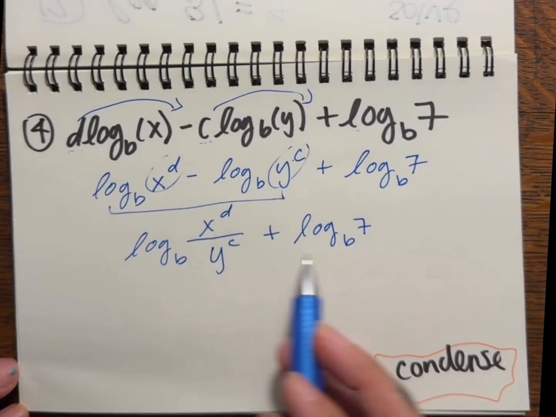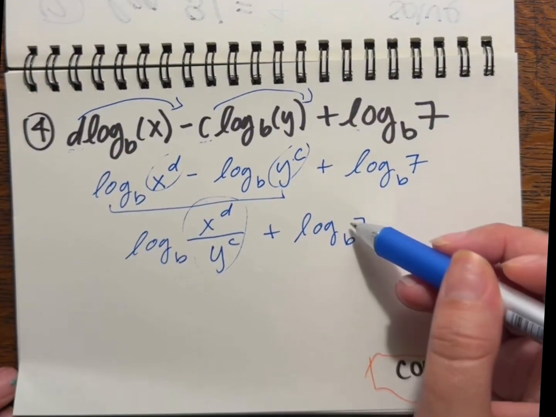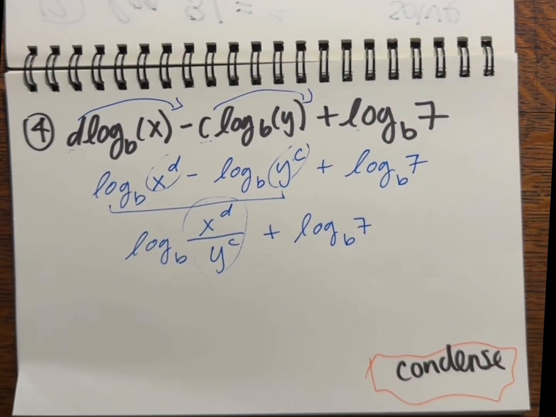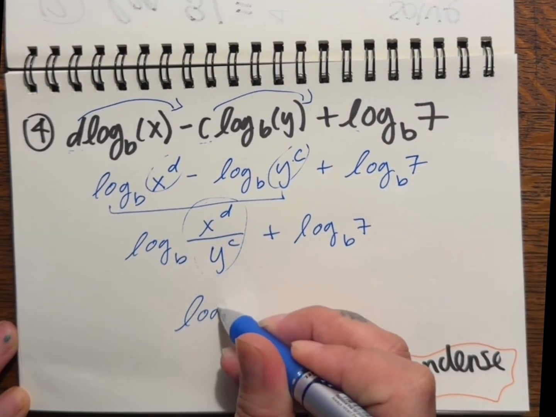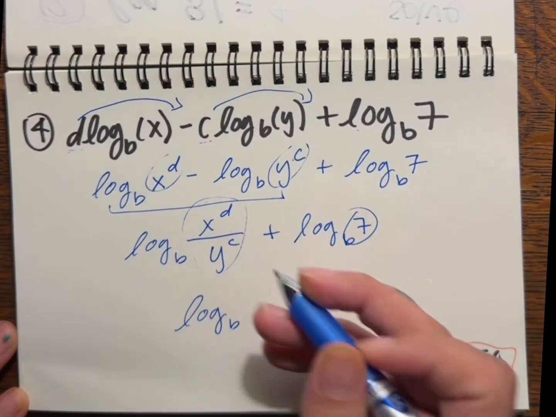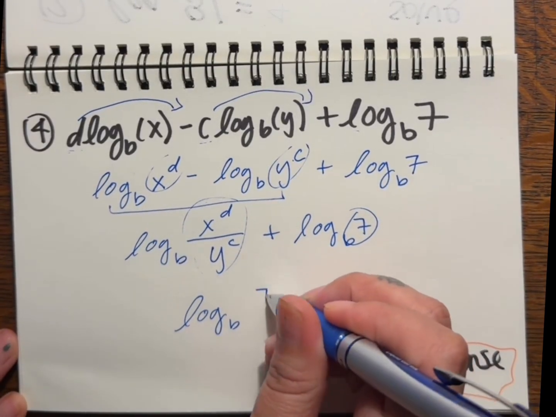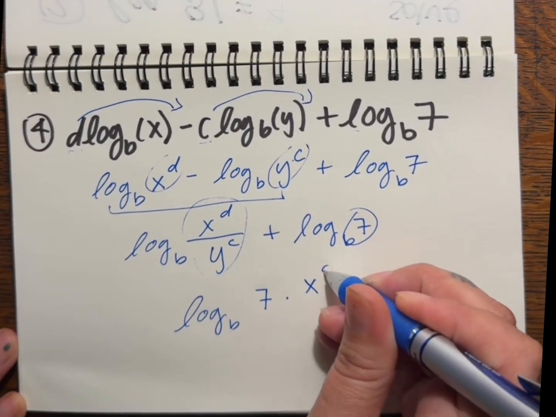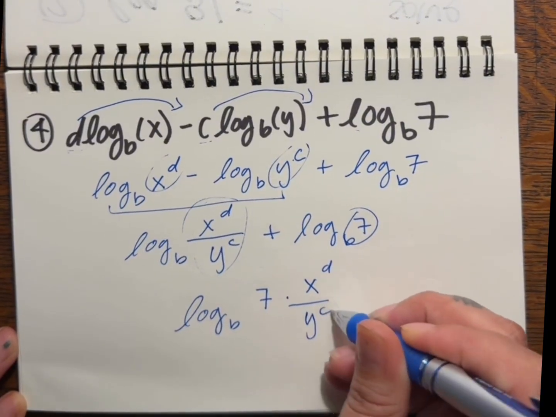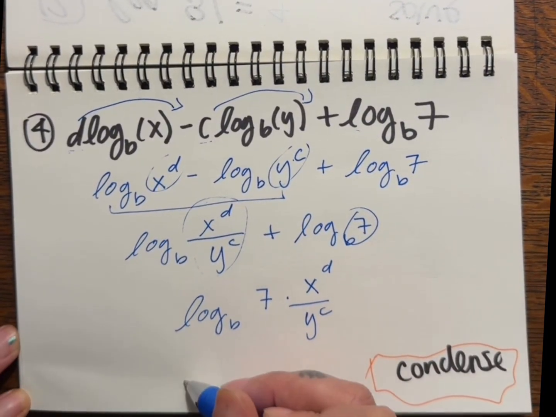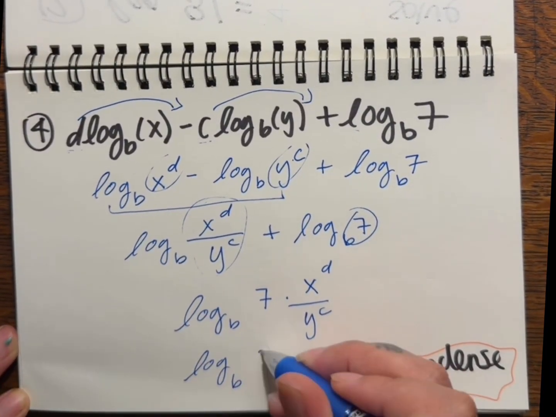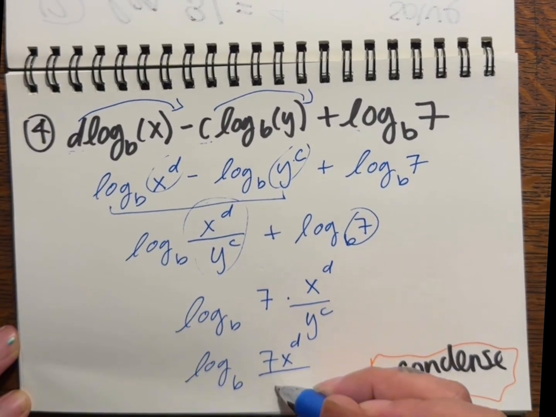And now these are being added, so that means that moving backwards, it's multiplication. So it's going to be multiplying this and this. So this is log b of 7 times x to the d over y to the power of c. And just in its simplest form, log b of 7x^d over y^c.